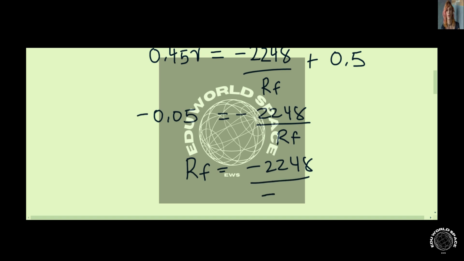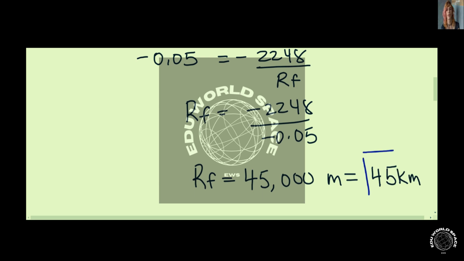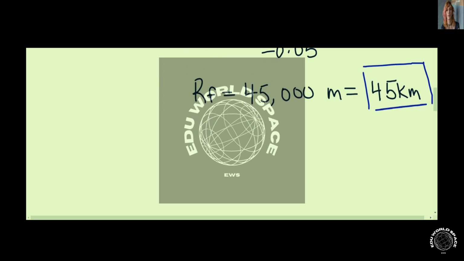We get negative 2,248 divided by negative 0.05. And so that will give us a radius of 45,000 meters or 45 kilometers. So this is our final answer for the first part of part B. This is how far the debris will be from the comet's center when it's lost 90% of its initial kinetic energy.